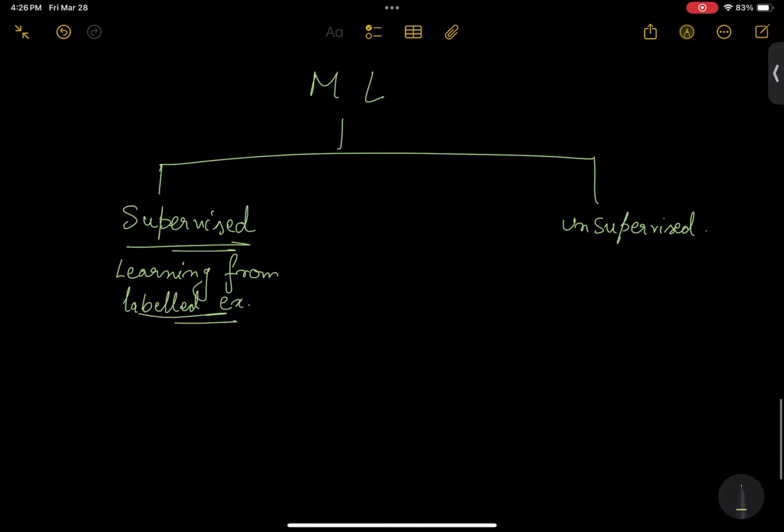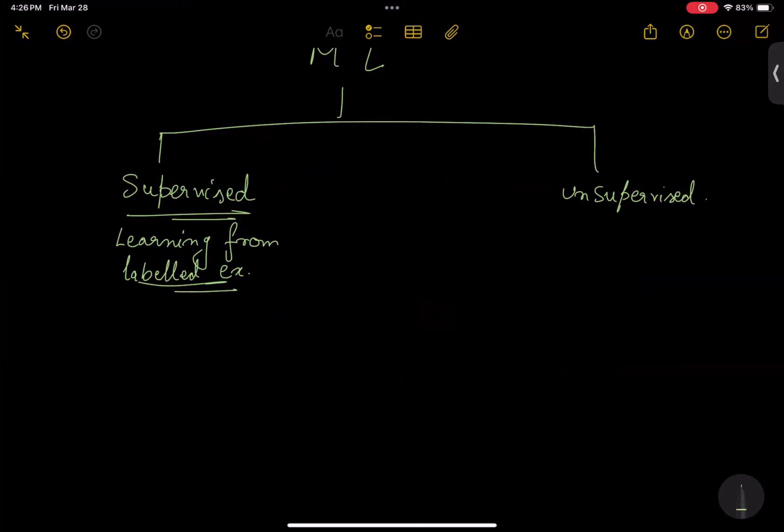So what does labeled example mean? Labeled examples are nothing but input-output pairs, right? This is also called, to some extent, an observation. What we are saying here is that the class of algorithm that learns from labeled examples to produce a prediction later is called a supervised algorithm.